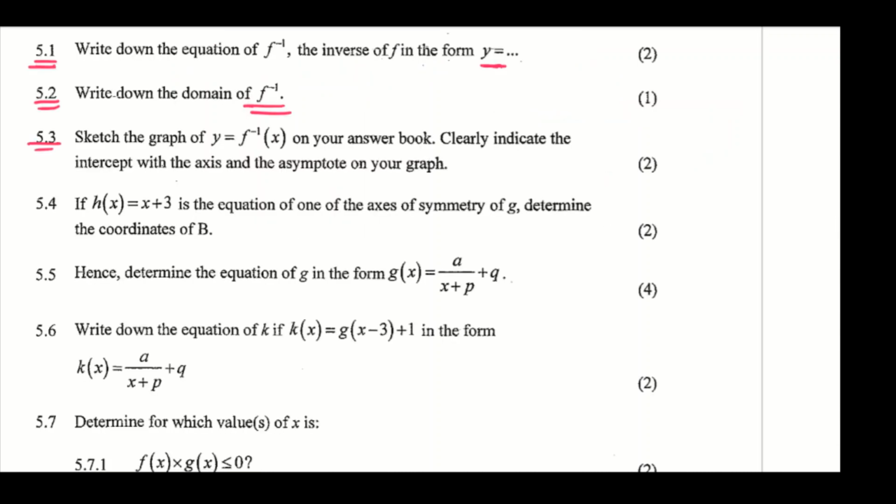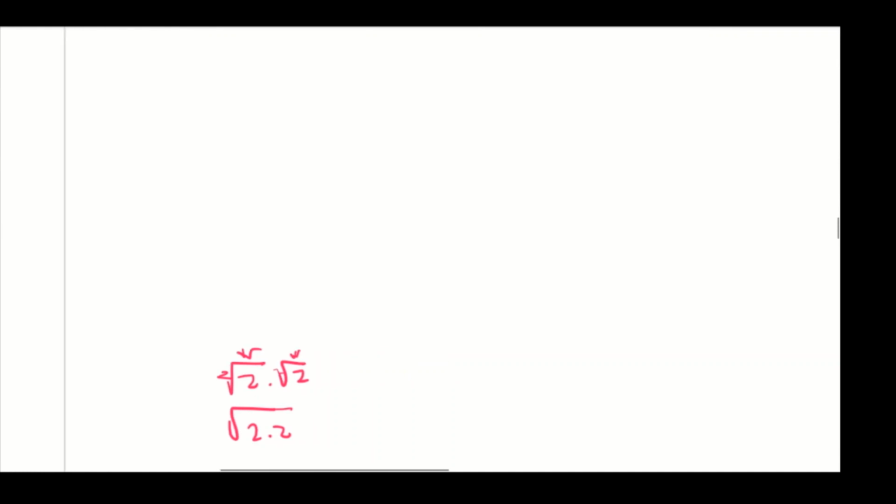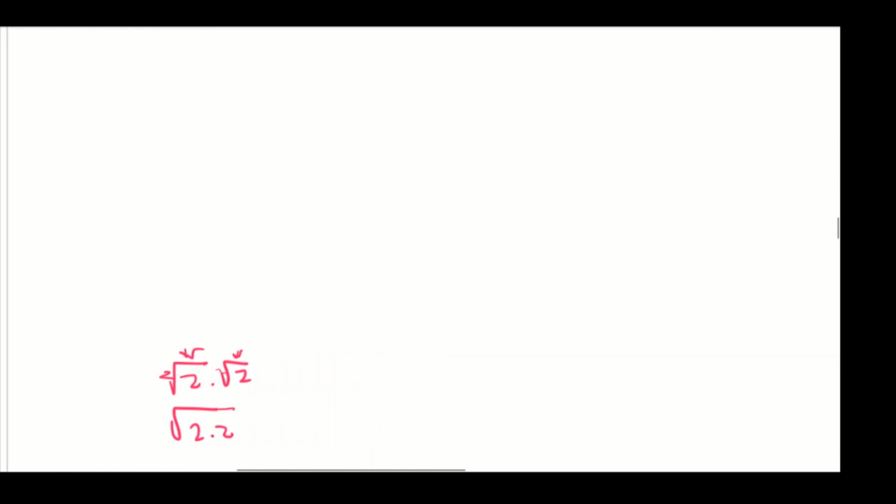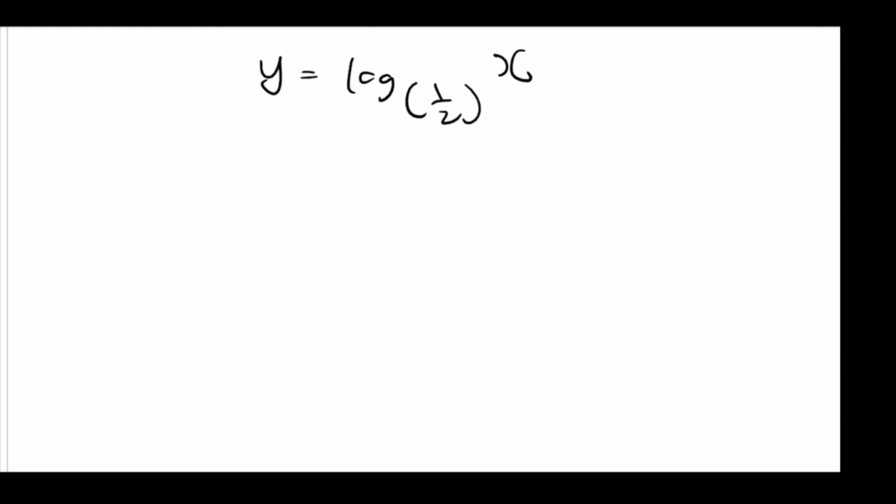So now in 5.3, we are asked to sketch the inverse of f, indicating all axes and asymptotes. Remember that our inverse is y equals log base 1/2 of x. We first have to find our x-intercept, when y equals 0.